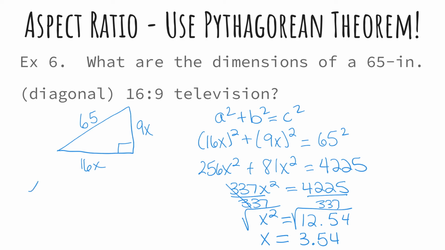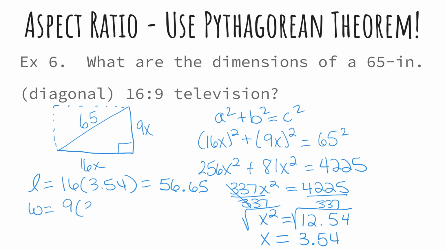So now I need to figure out the length of my TV. My length is 16 times the 3.54, and so that gives us 56.65. And the width is 9 times 3.54, and that comes out to be about 31.86.